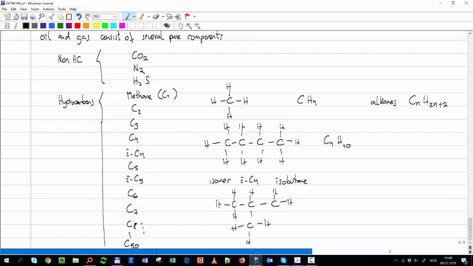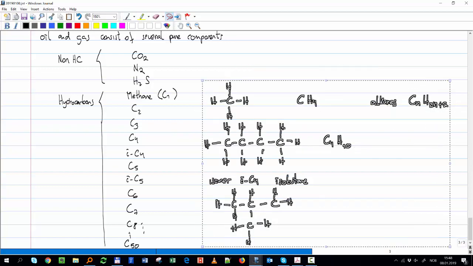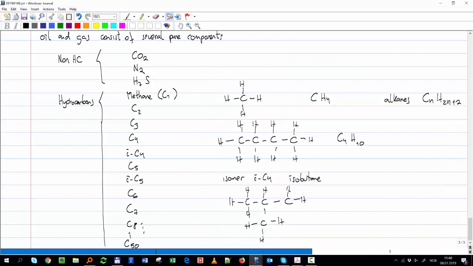So, just to clarify. When we talk about NGL, natural gas liquids, we're saying components that are typically in this range. That's what we call NGL.